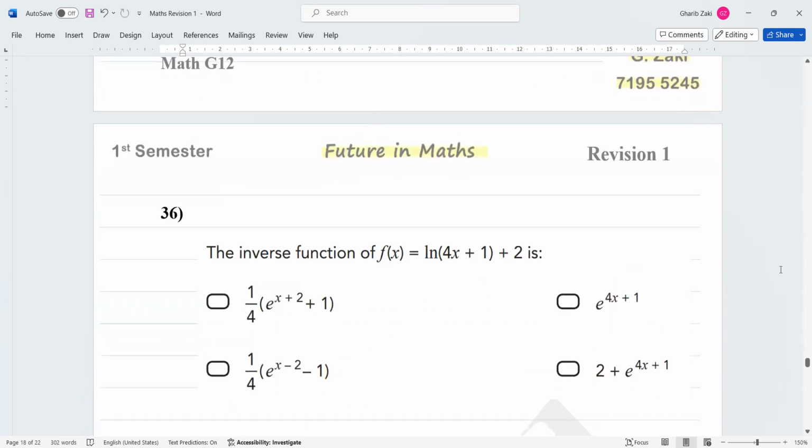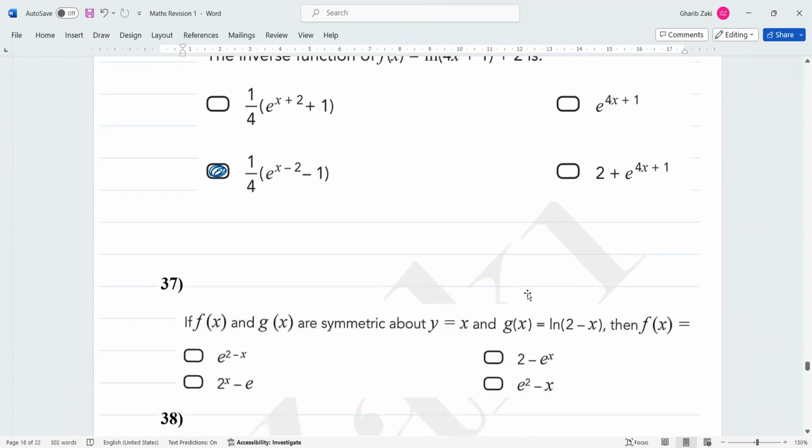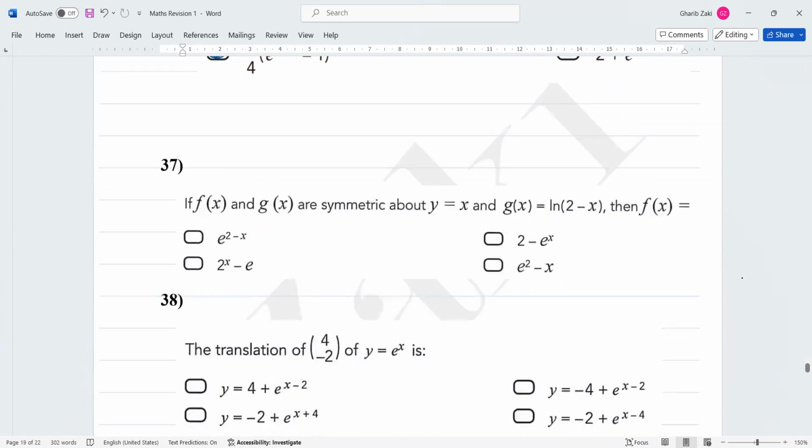Now, the inverse function. The inverse is easy. The inverse function of this function is direct, I think. This is a direct question here. And also this one, he said f of x and g of x are symmetrical about y equals x.